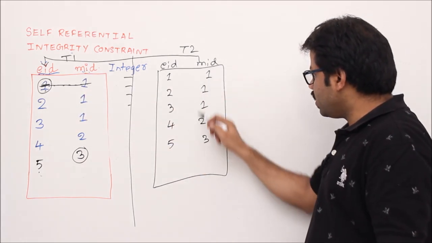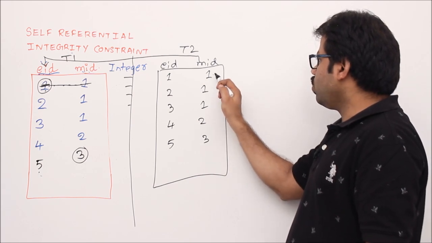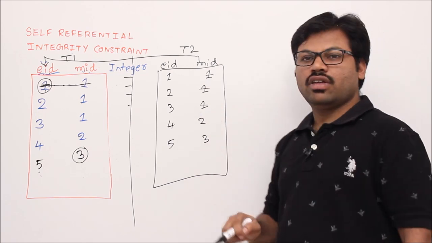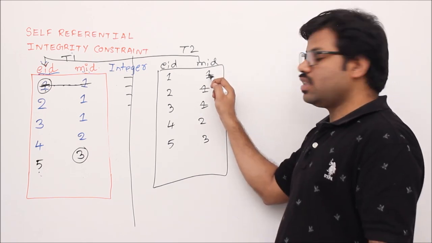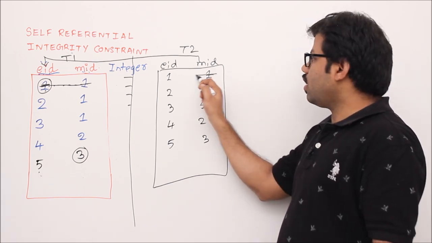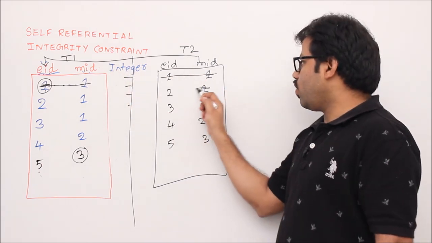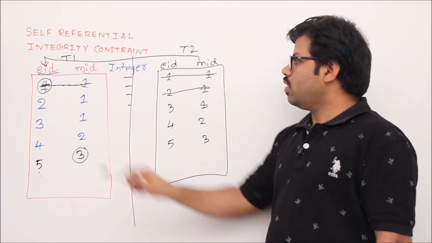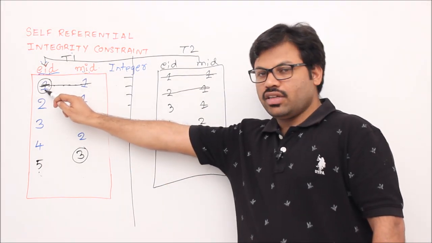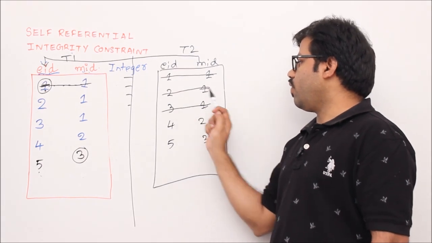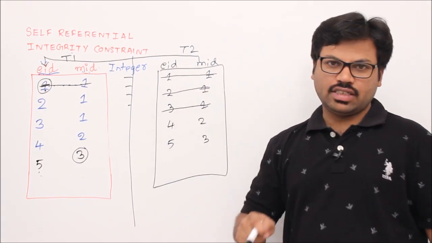This manager ID field is referring, right? Yes. So here it is referred, here it is referred, here it is referred. Then we should delete because it is on delete cascade. So delete all the corresponding entries, and delete 1, 2. The reason is that the 1 which you are deleting is referred by this tuple and this tuple. That's why we have to delete it. That is the foreign key condition.